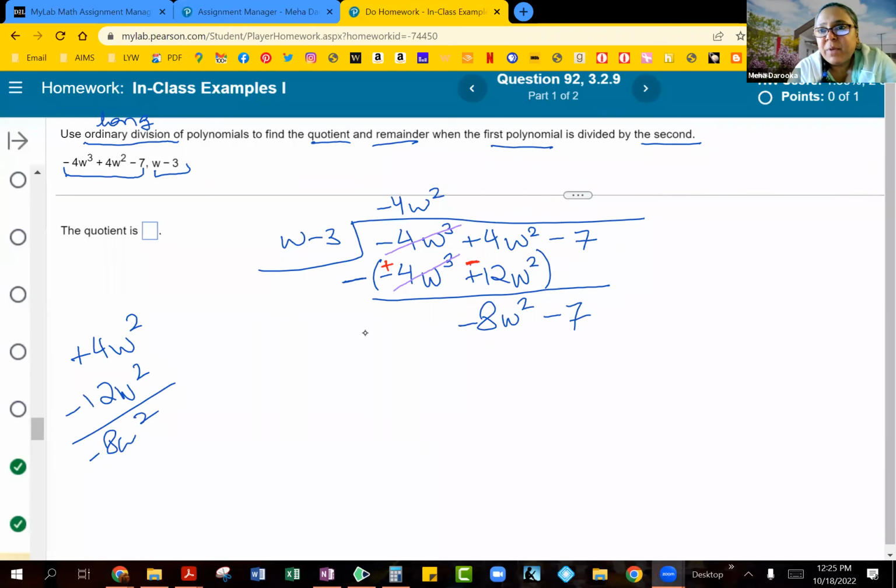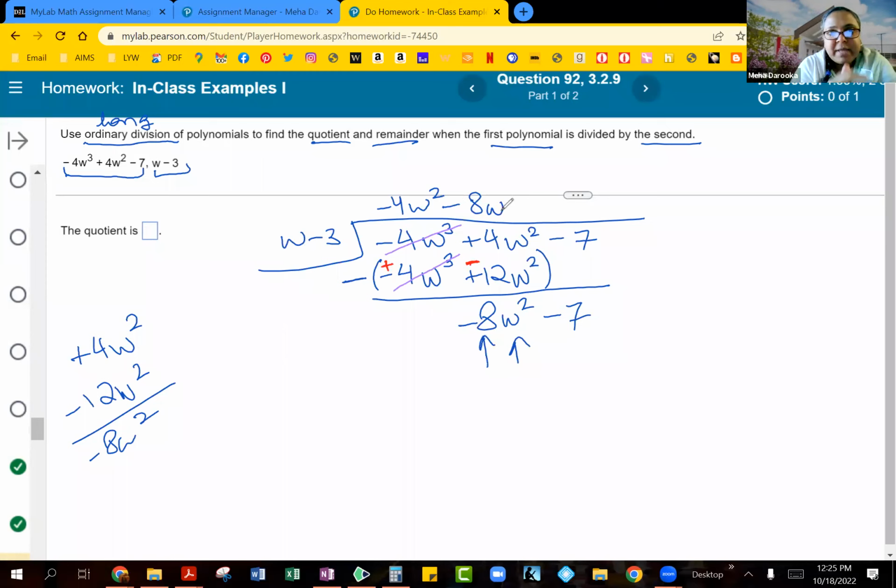Okay, so repeat the process. Now you have a negative 8, which is left behind. So we'll put that negative 8 in our quotient. Now you have w squared over here, but we already have 1 w in our divisor, so you only need 1 more w in your quotient.